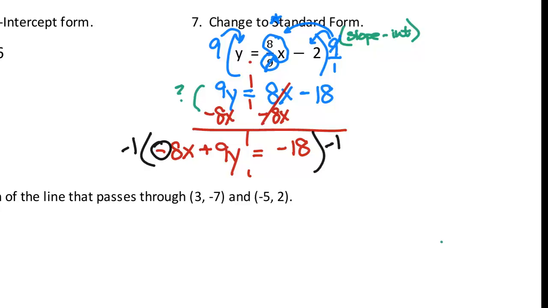Multiply everything by negative 1. Well, isn't that going to change everything? Well, yeah, but it just changes the sign. So negative times negative is positive 8x. Negative times positive is negative 9y. And that is equal to negative times negative, which is a positive.